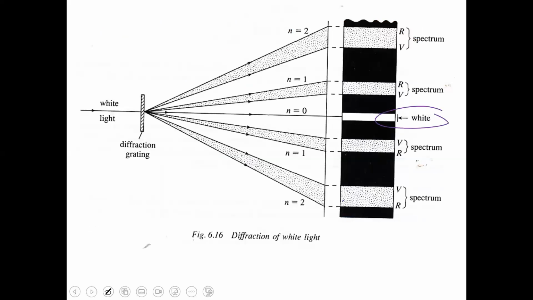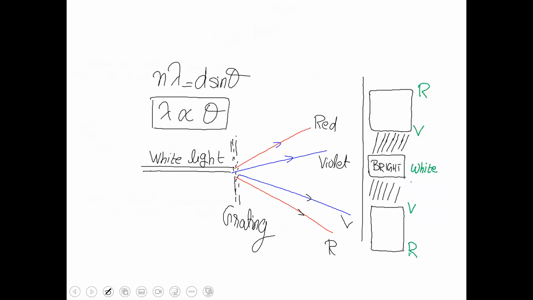Look at this one. But the fringes above and below break up in color because white light actually consists of 7 colors. The approach here is lambda is proportional to theta. In white light, there are different lambdas, so they bend at different angles.